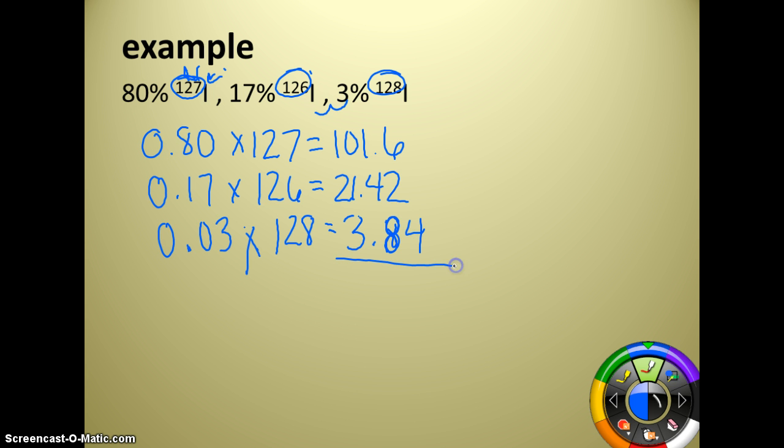Now add all of these up. And that gives us 126.86. And if you look on the periodic table at iodine, they have 126.9, which is very close. So that's finding average atomic mass.